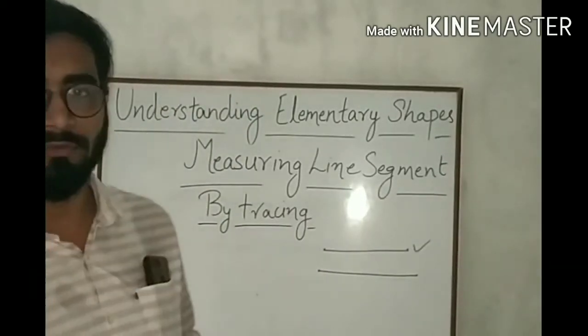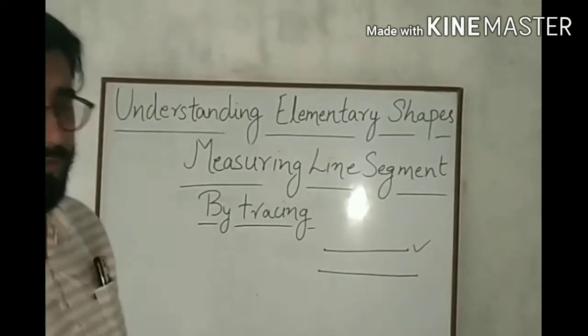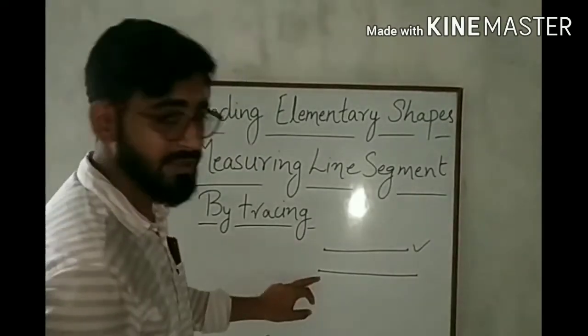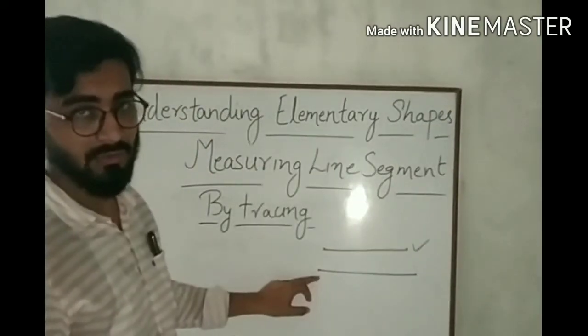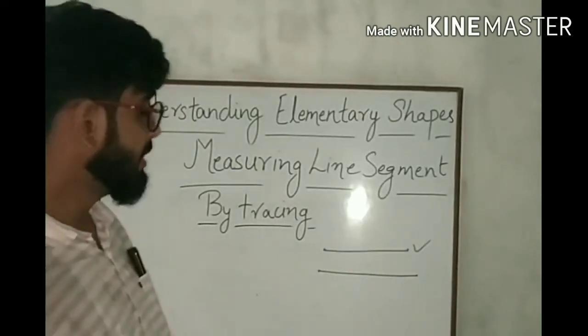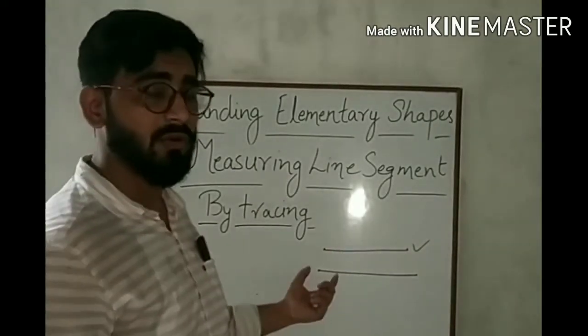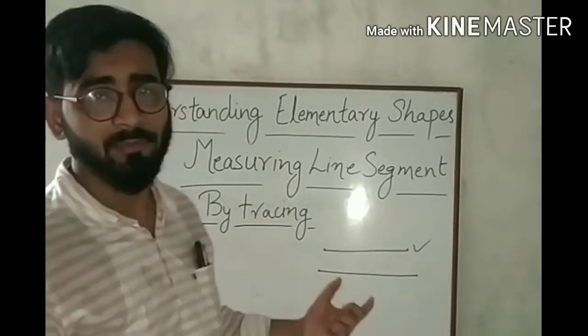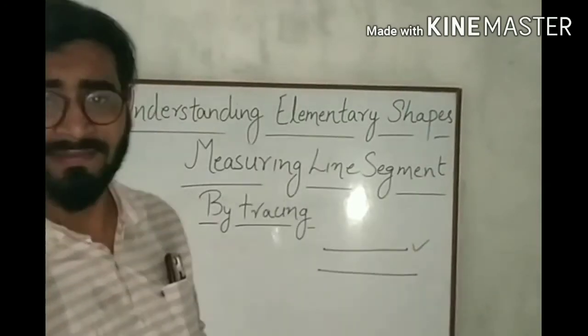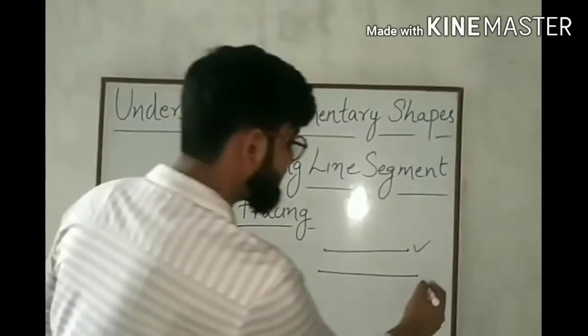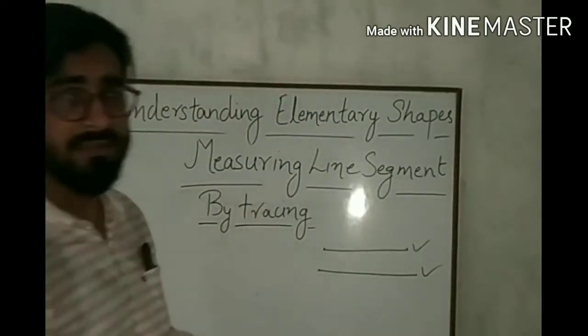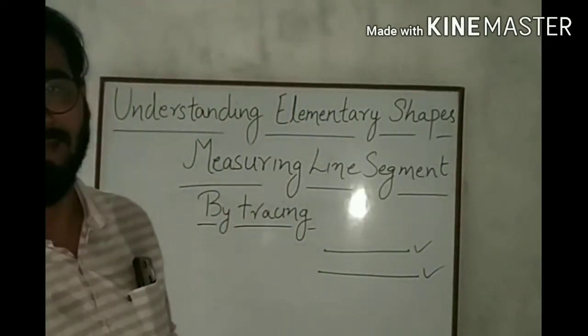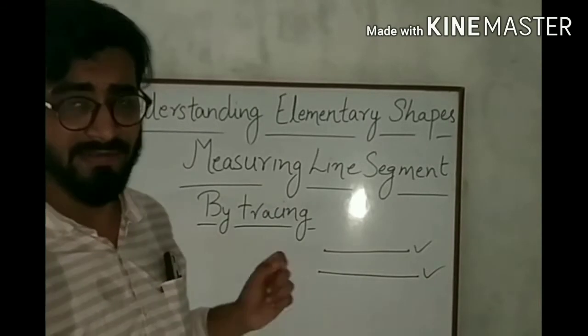Now, you will take that tracing paper and place on the second line segment. Okay, so now when you place that tracing paper on the second line segment, you can tell by seeing the end points which line segment is bigger. Okay, so this is the way to tell the measurement of line segment by tracing.